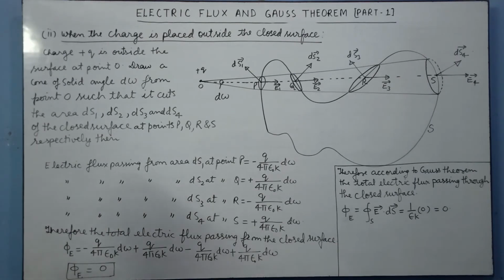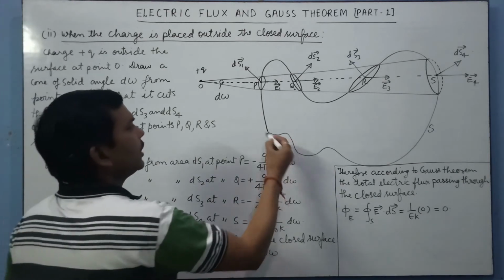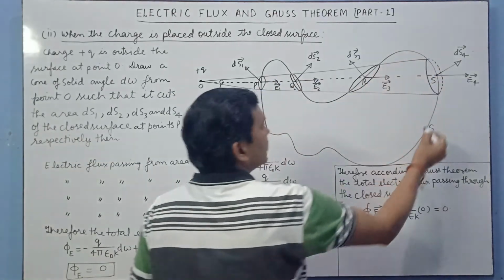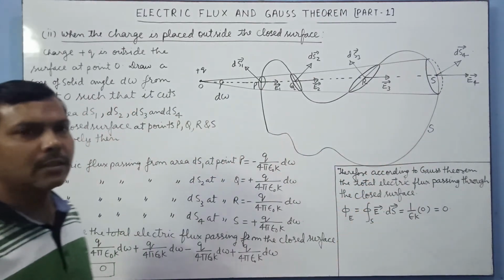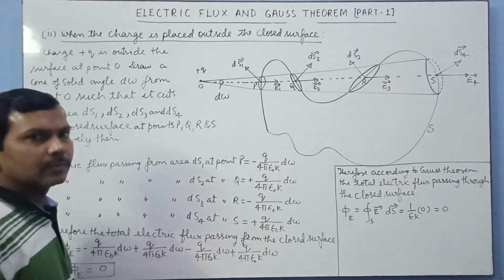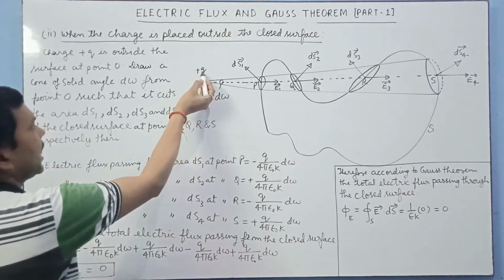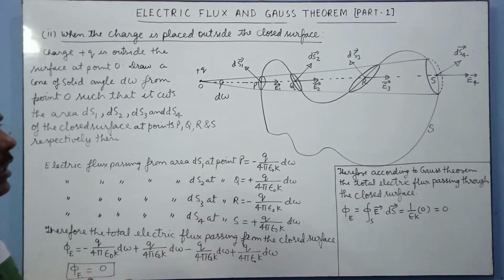Now consider the second case, when the charge is placed outside the closed surface. Here this is the closed surface capital S and the charge plus q is placed at point O outside the surface. Now we have to find out the electric flux passing through this surface. What will we do?